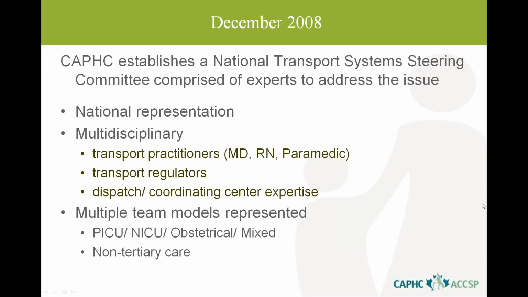So we knew that there were some teams, Nova Scotia and British Columbia, that did high-risk obstetrics, and some teams might only be focused on one of these populations. And we felt it was important to make sure that the non-tertiary care perspective was part of our steering committee.